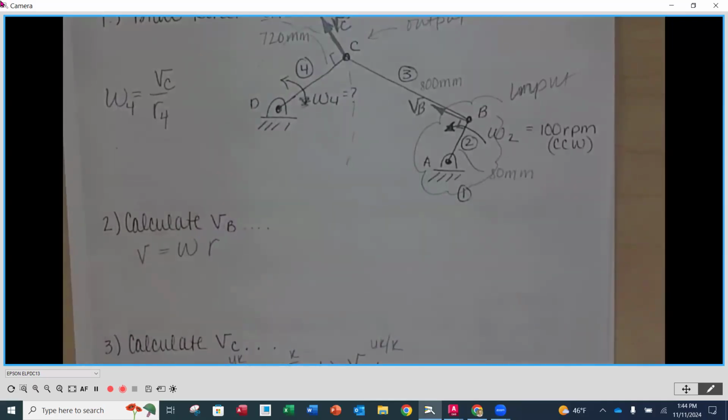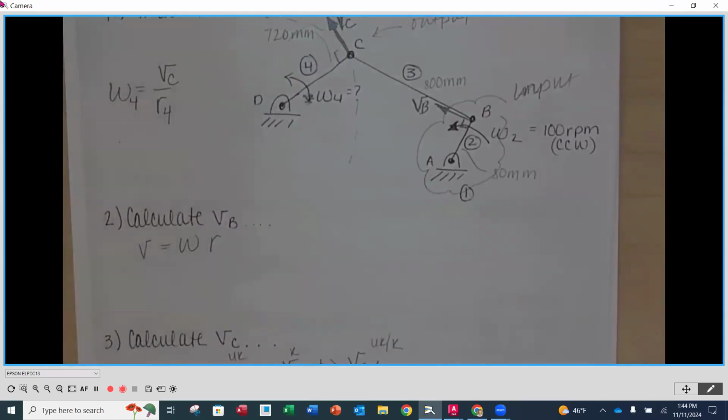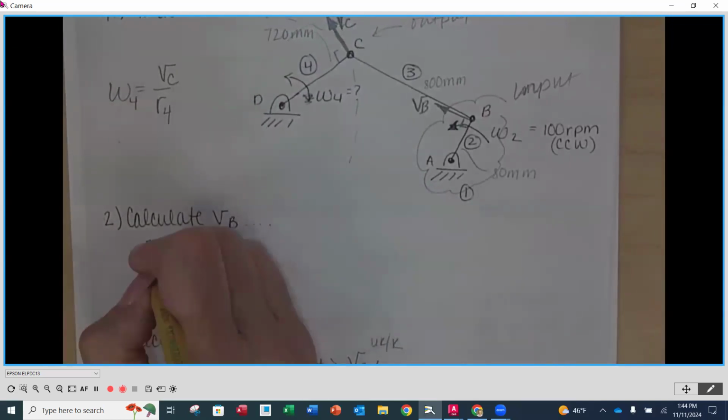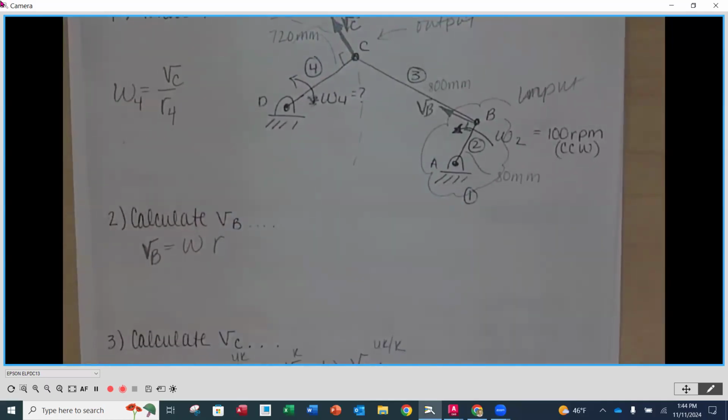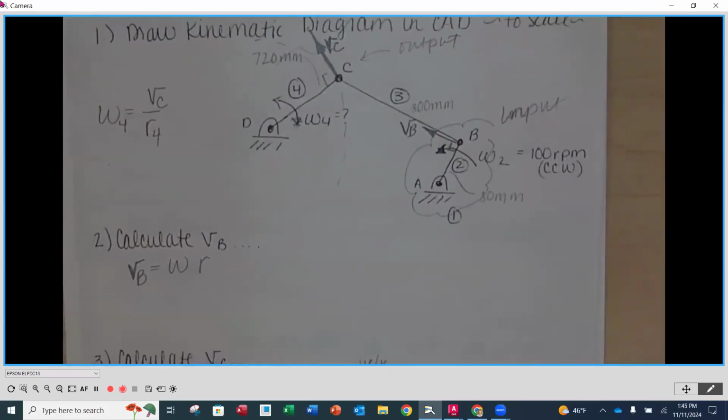When we're solving for velocity, just again, rearranging this equation to here. So if I'm looking for the velocity of B, its magnitude, angular velocity of which link am I going to use? What link is velocity of B on? Ben, link number 2, exactly.